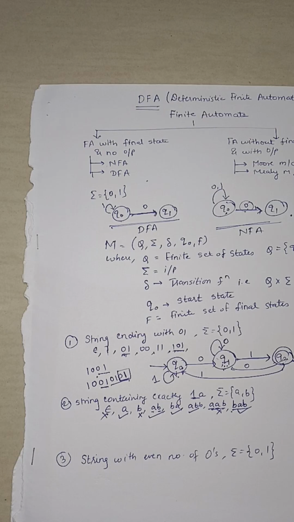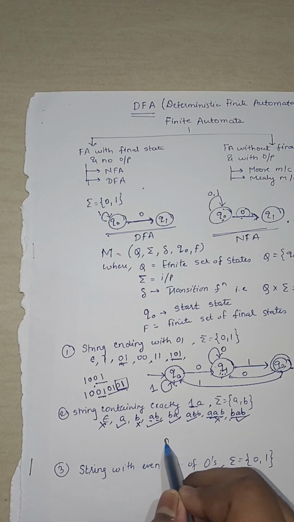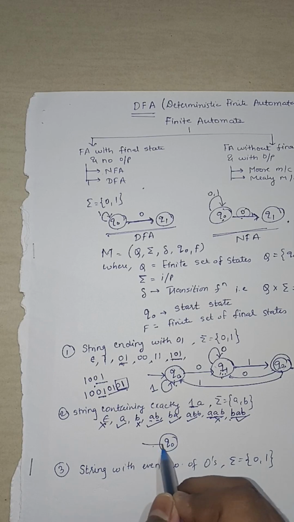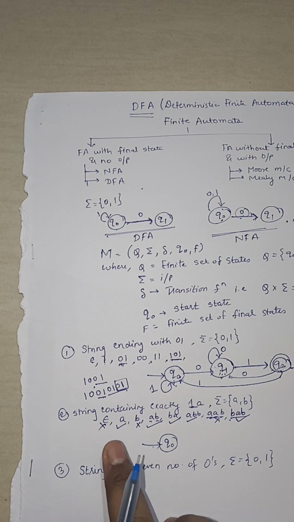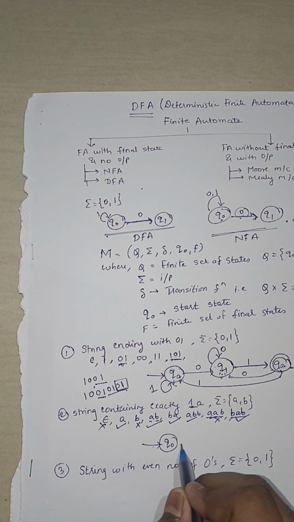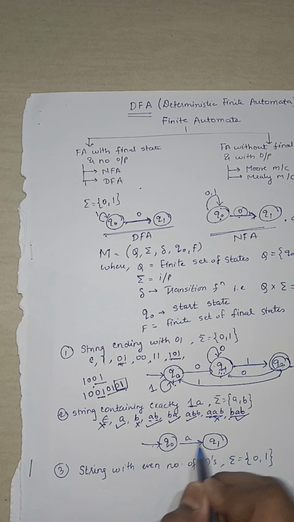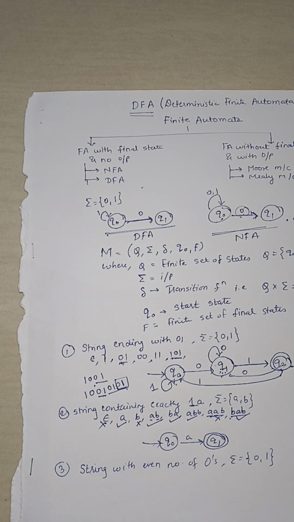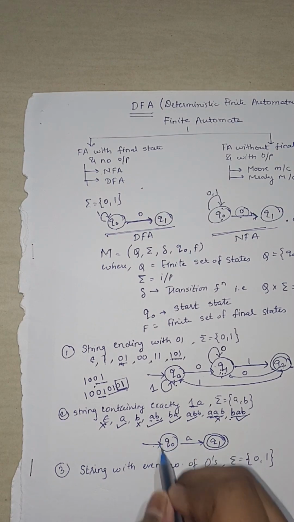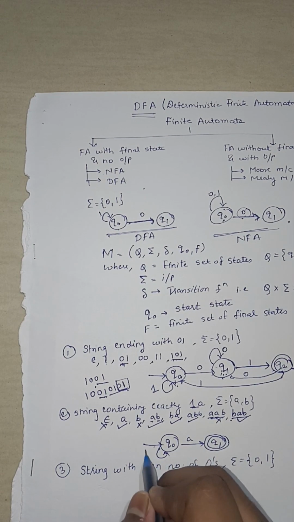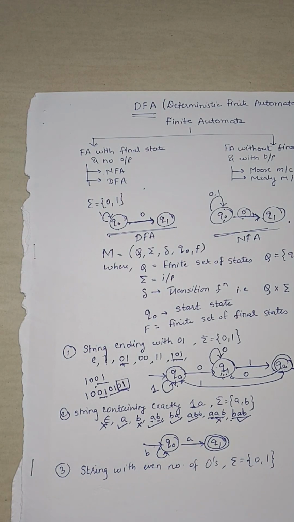So let's make the transition diagram. Q0, I am taking as the starting state. If it receives A, I say go to Q1. See, I want only one A, so I am making it the final state. But if it receives B, I say go on the same state only, means make a transition on the same state.